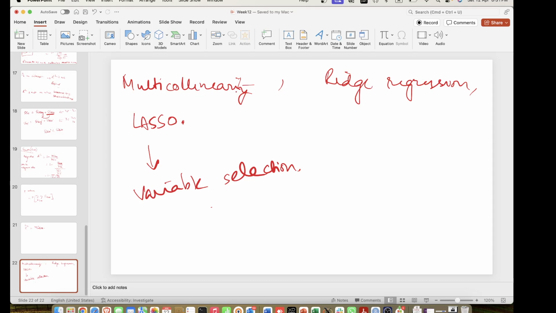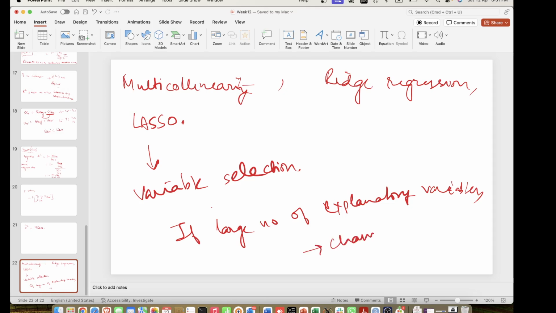So what I was saying is that if I have a large number of explanatory variables, then the chances of multicollinearity increase.